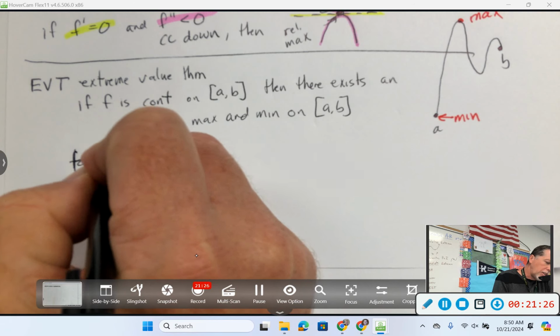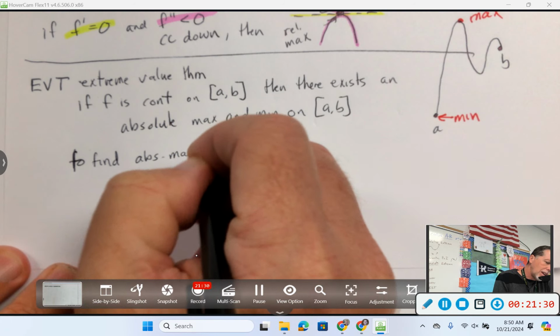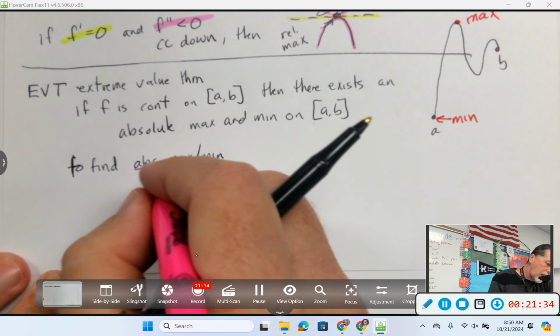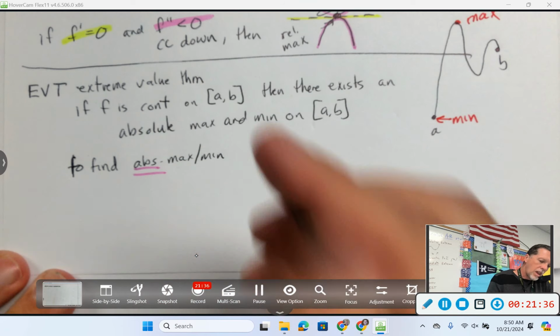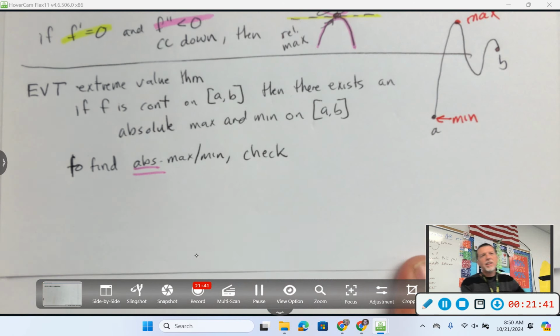Which leads to this reminder: to find absolute max and min, what will we need to check? Check endpoints and critical points.